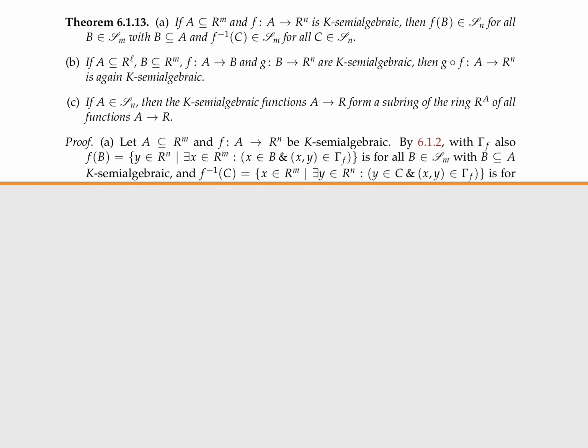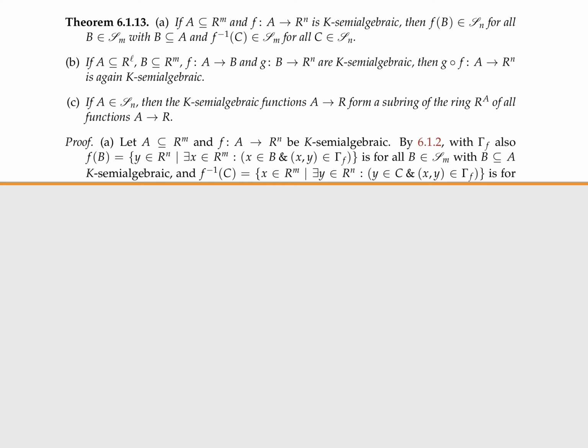It means just that f of x is y. That's clear. But why did I write it in this strange way? Because in this way I have that F is semi-algebraic, which means its graph is semi-algebraic. B was supposed to be K semi-algebraic. So this is a projection of a K semi-algebraic set. And so I wrote this image as a projection of a K semi-algebraic set, and therefore it's K semi-algebraic.